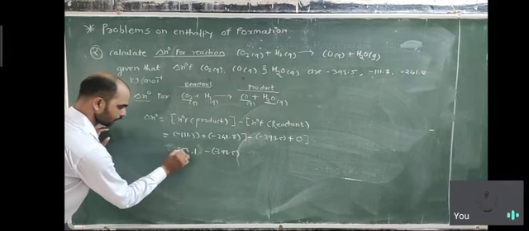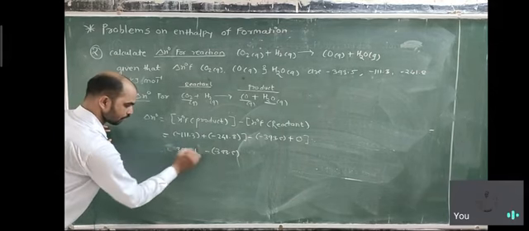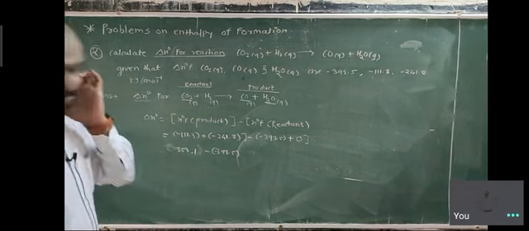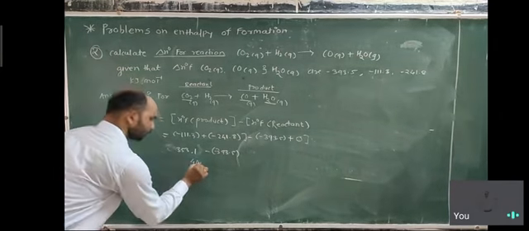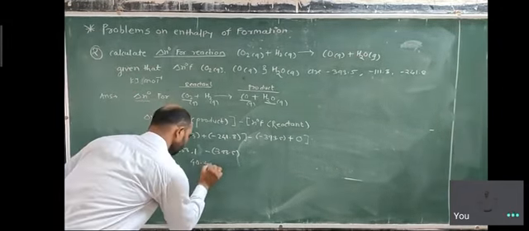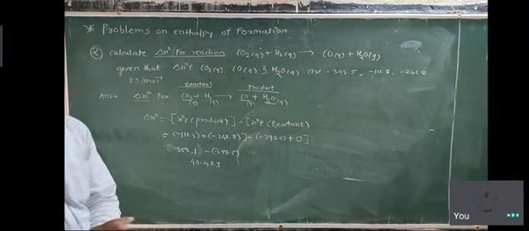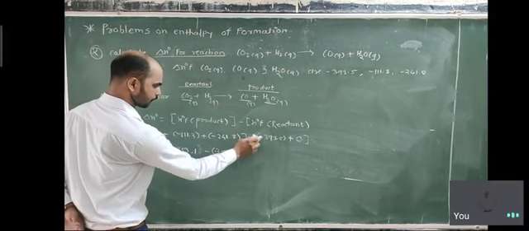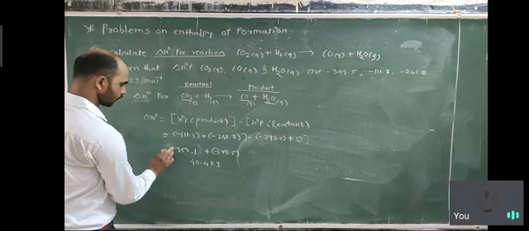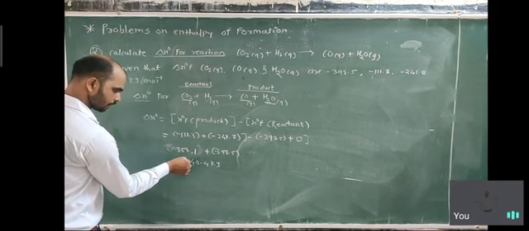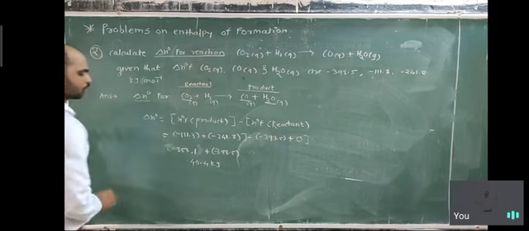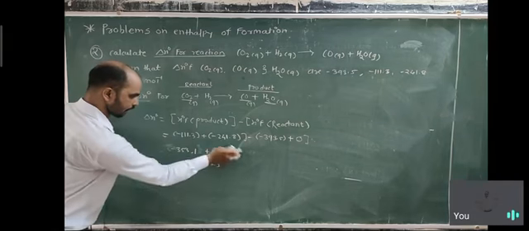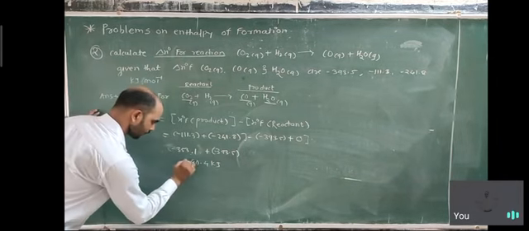So minus 353.1 and plus 393.5 are subtracted from each other, and the answer is 40.4 kilojoule. Here there is a subtraction, so the answer is 40.4, and the sign is given by the larger value, which is 393.5, that's why here it is a plus.